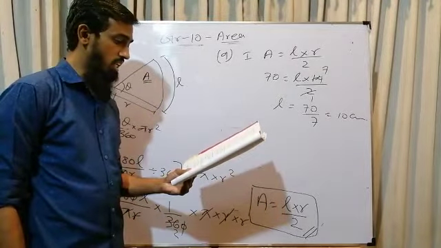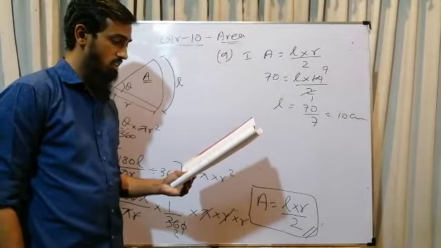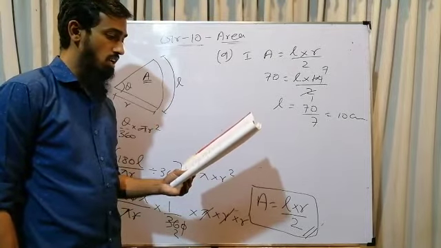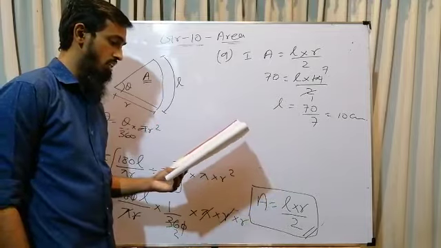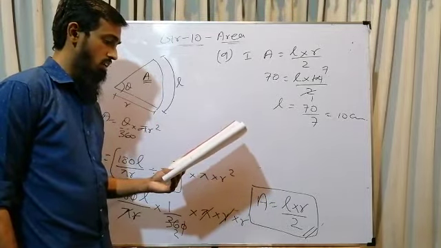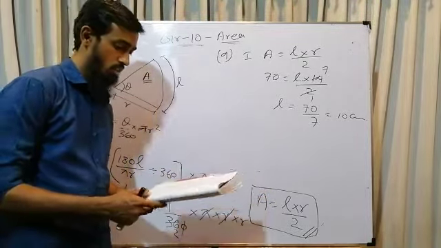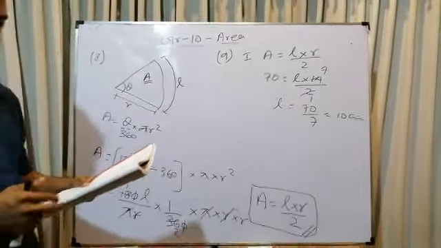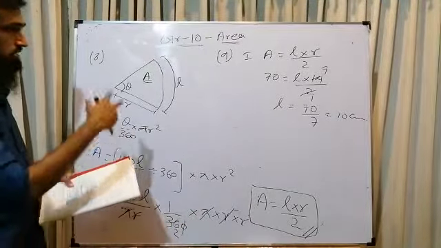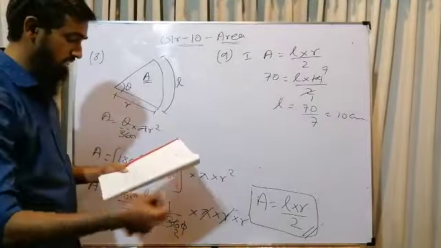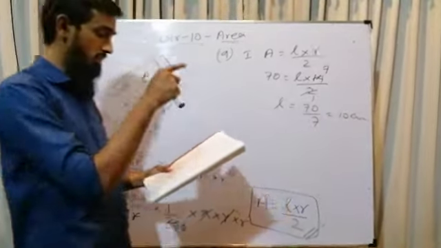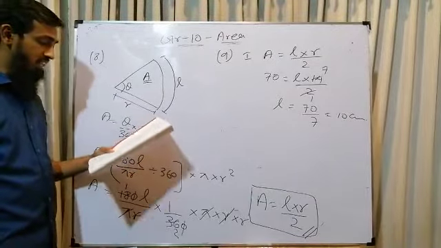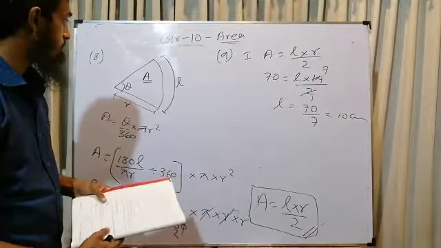The perimeter of the sector is 58. Find the area, if the diameter is 9 centimeter. Okay, we are going to discuss another sector with diameter 9 centimeter. The perimeter is given as 58.